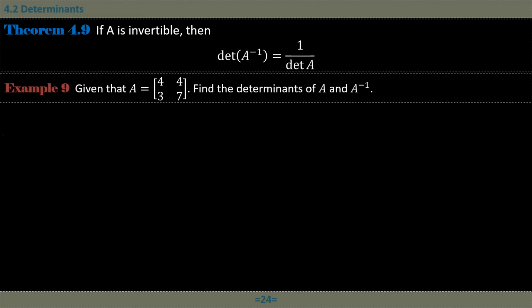Okay, so the proof is simple. Since it says invertible, that means matrix A has an inverse.